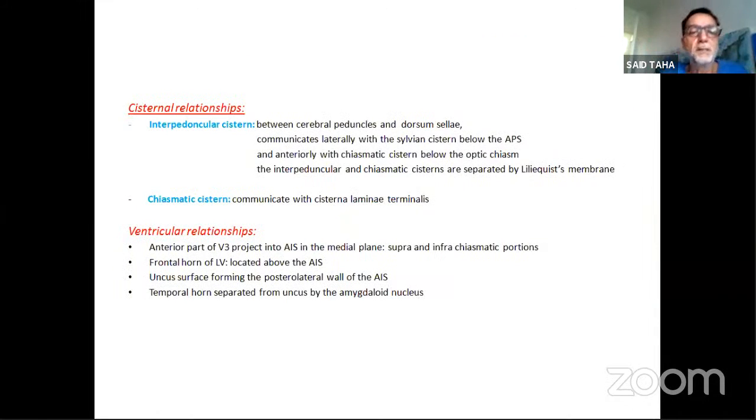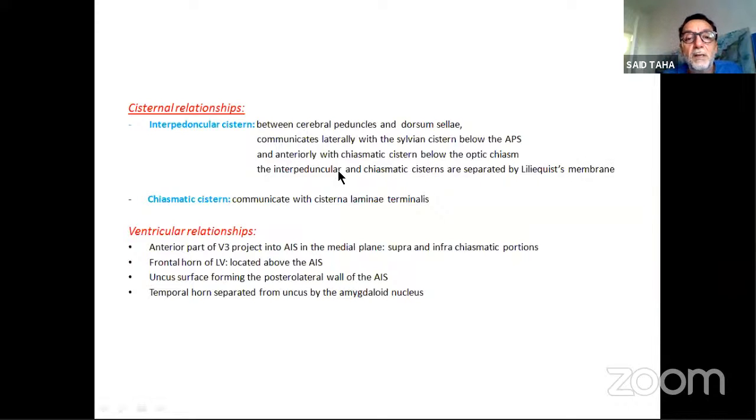About systems, we have the interpeduncular system between the peduncle cistern and dorsum sellae that communicates laterally with the sylvian system below the anterior perforated substance, and anteriorly with the chiasmatic system below the optic chiasm.